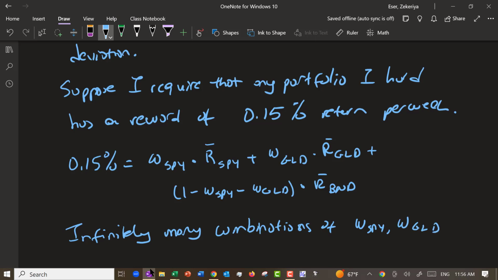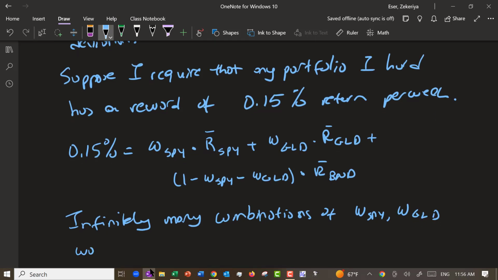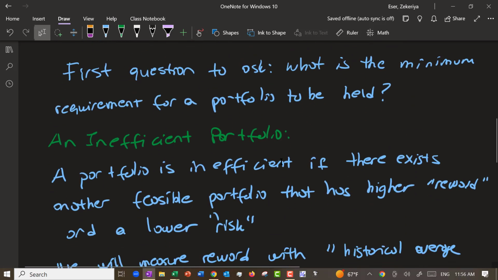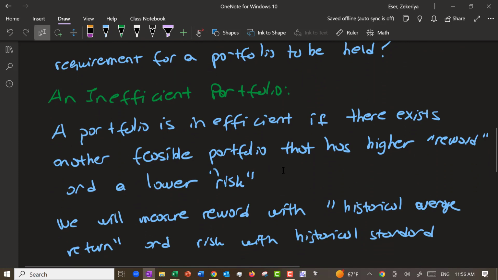Now let's go back to that concept of an inefficient portfolio. Would you ever want to hold an inefficient portfolio? If you do, let's trade a little bit, because you know there exists another portfolio out there that has higher return and lower risk.